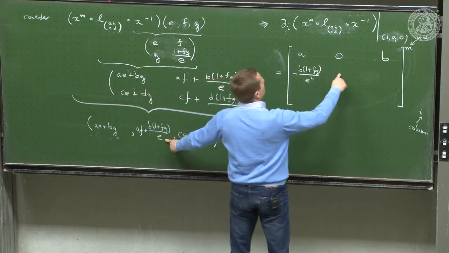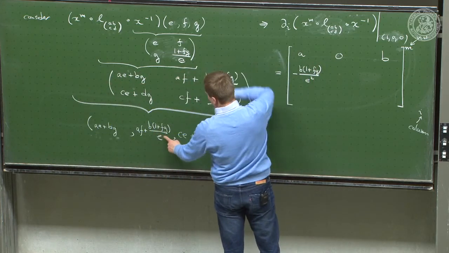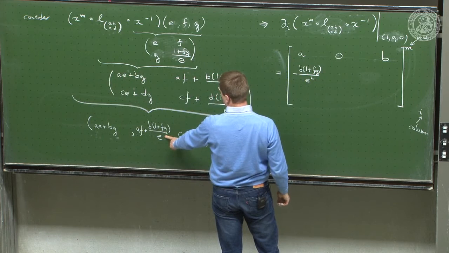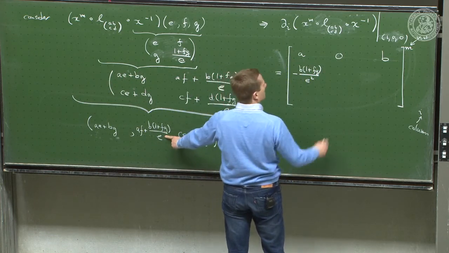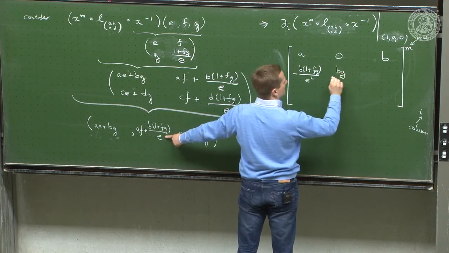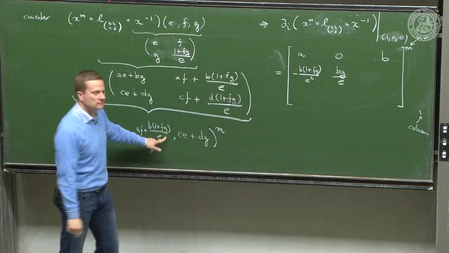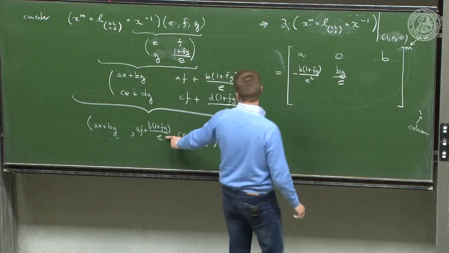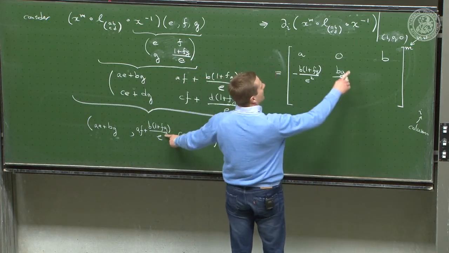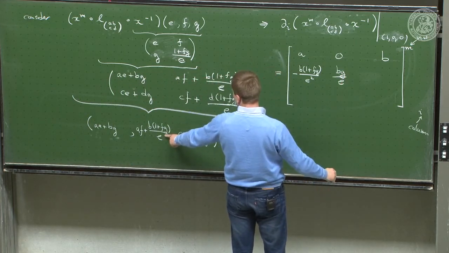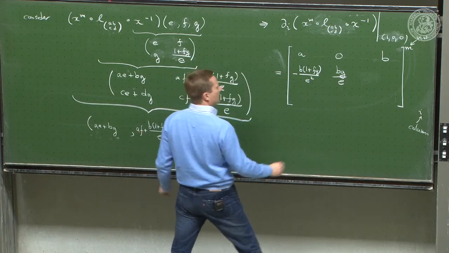Now we take, again, the second. We derive with respect to the f. That's not more complicated. That's bg by e. Agree? Okay. You should really check my calculation here. Pardon me? Ah, AF. Oh, yeah, very good.